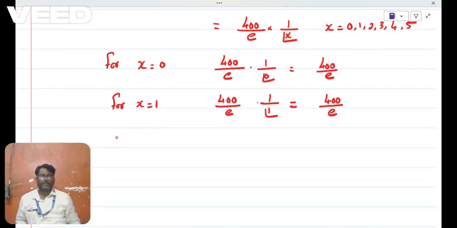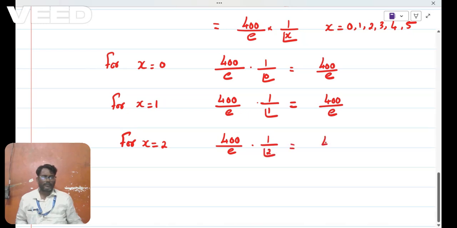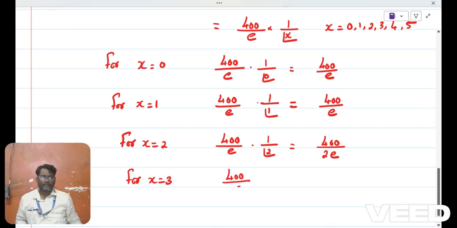Next, for x equal to 2, 400 divided by e into 1 by 2 factorial, which is equal to 400 divided by 2e. Next, for x equal to 3, 400 divided by e into 1 by 3 factorial, which is equal to 400 divided by 6e. The 3 factorial value is 6.